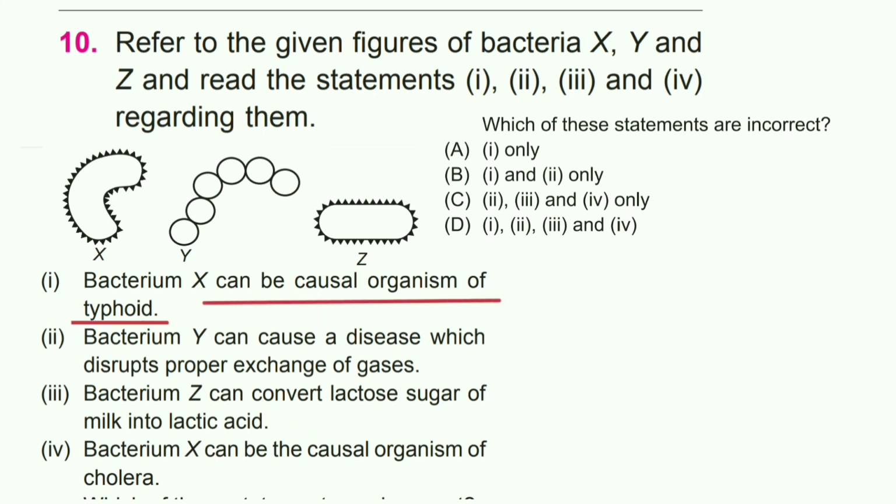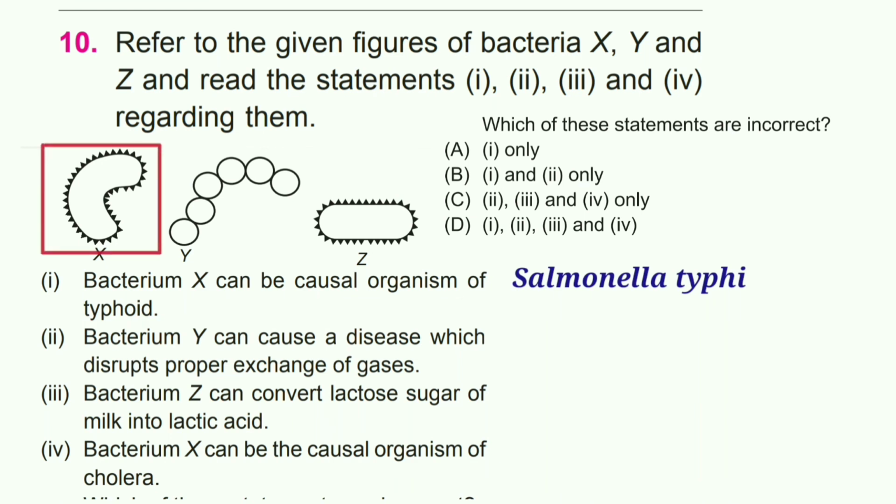Bacterium X can be the causal organism of typhoid. We know that typhoid is caused by the bacterium Salmonella typhi. It is a rod-shaped bacterium, but X is comma-shaped. The comma-shaped bacterium is Vibrio cholerae. The disease cholera is caused by Vibrio cholerae. So statement 1 is false.